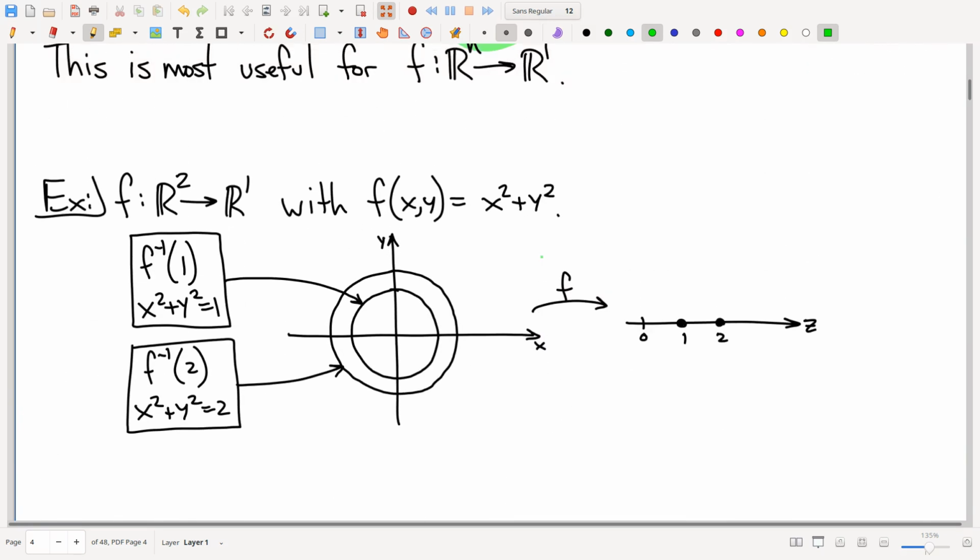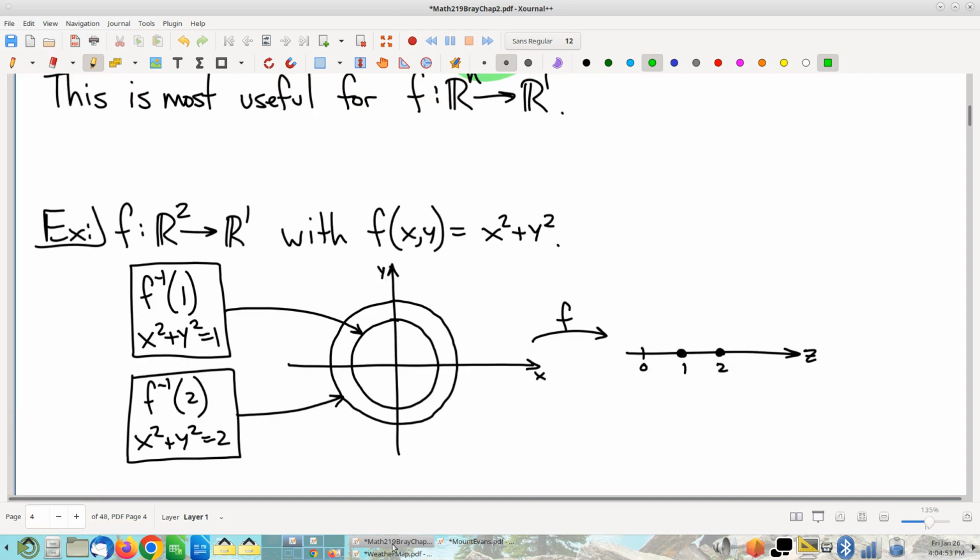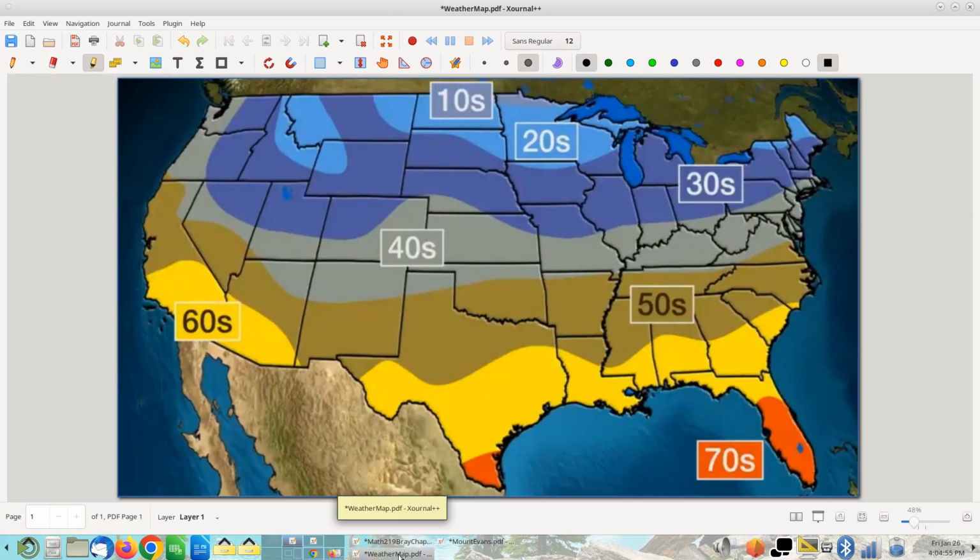Y'all have actually seen the following example, I'll betcha. And that is this weather map right here. So this is how they used to talk about the weather. Now everybody's got the weather on their phone, and you don't need a map. Everything's tailor made for you personally. It's totally awesome.